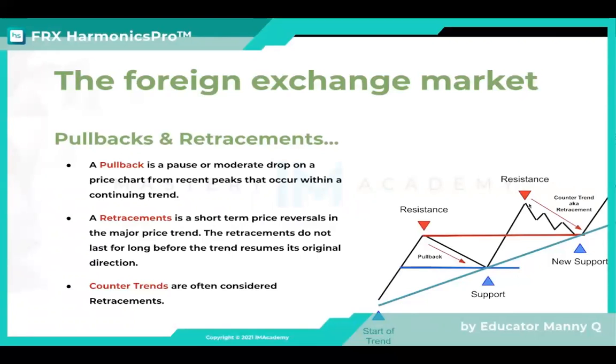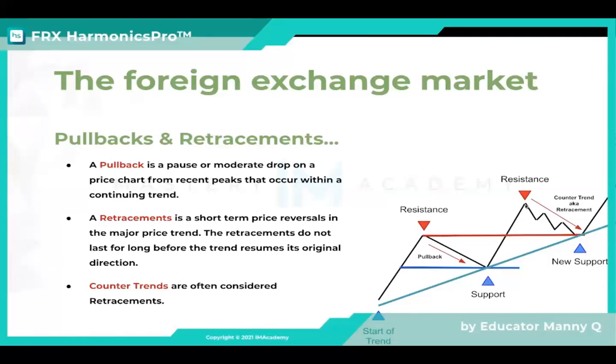Remember, what signifies a price reversal? A price reversal is when the market begins to make highs and lows in the opposite direction of the trend. That's a price reversal according to our market structure rules. The retracement does not last long before the trend resumes its original direction.